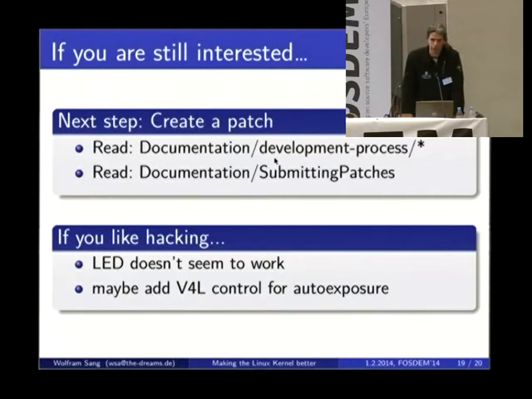This camera does not have that. It always uses auto exposure, so it tries to make the best out of the light, but it can grow slow. So you could try to find out, is there a way to control that? Can I have a button for that so I can set it on and off? That's how you could possibly get into driver hacking.